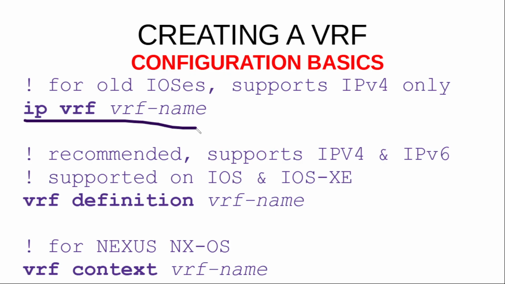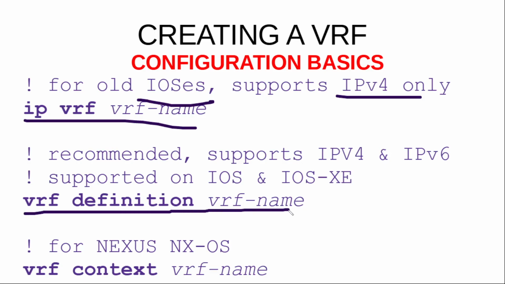command in order to create a VRF. This command, ip vrf and the VRF name, was used in old IOSs. It has the disadvantage that it only supports IPv4. But if you are reading some recent IOS configurations, you will see this command, vrf definition and the VRF name.